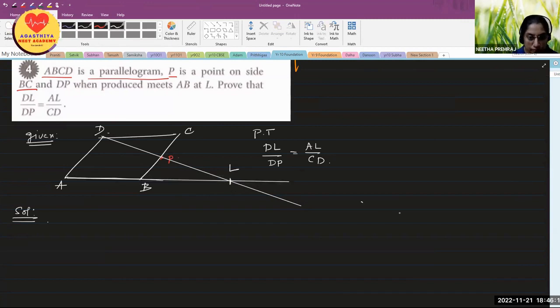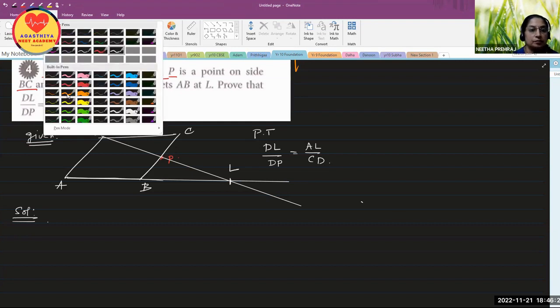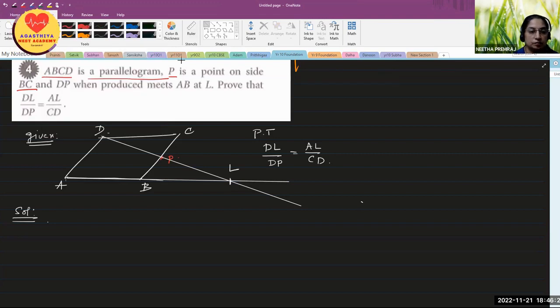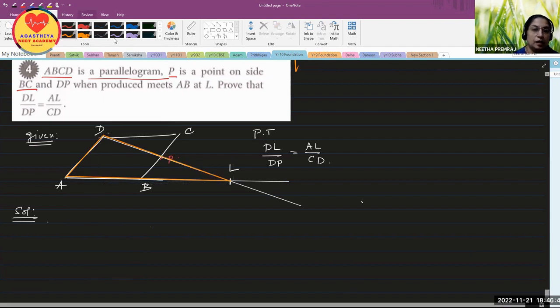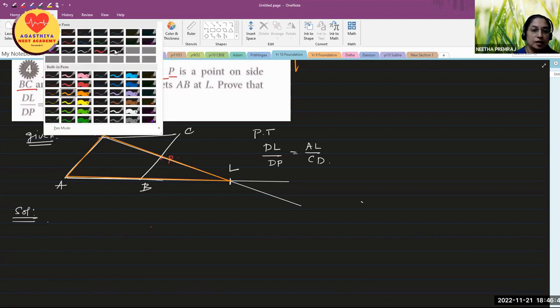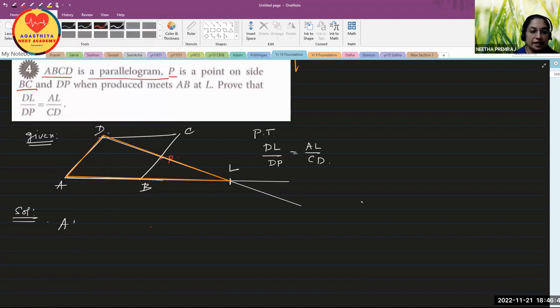Okay. Now, what I do, I take the triangle ADL. Now what I'm doing, I'm saying we know that AD is parallel to BC.